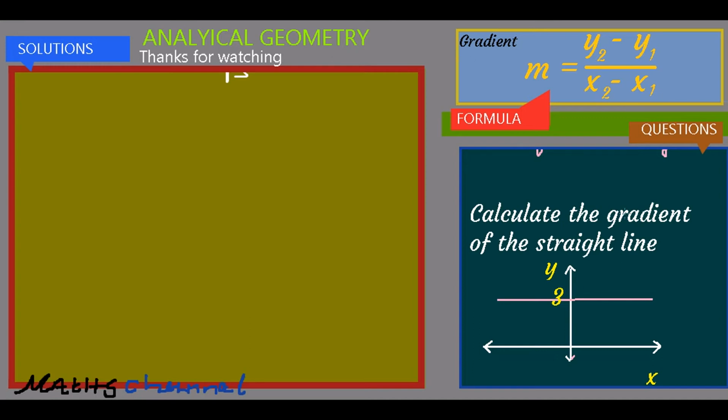So here they say calculate the gradient of the straight line. So the gradient of a straight line that is flat, like a straight line like this one. The gradient, remember, is a slope.